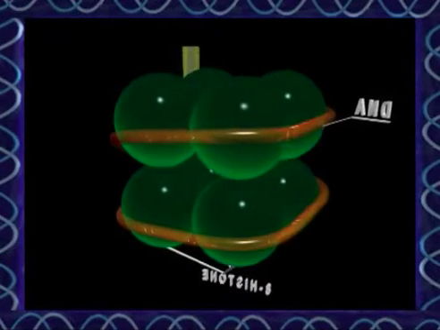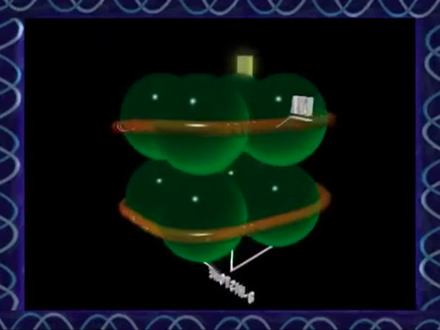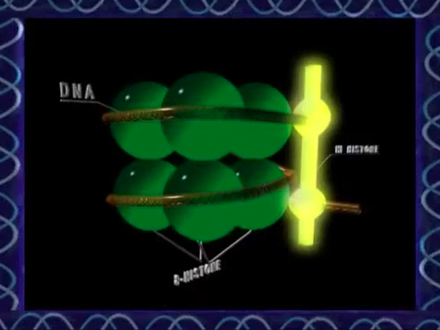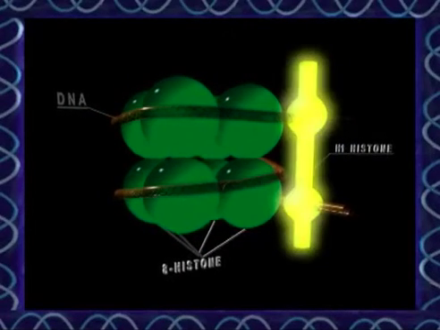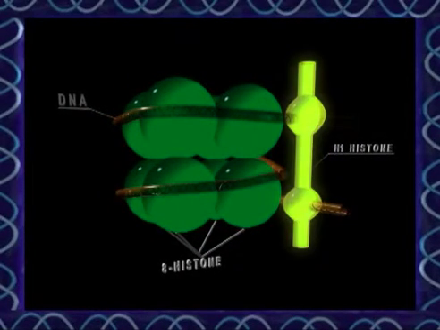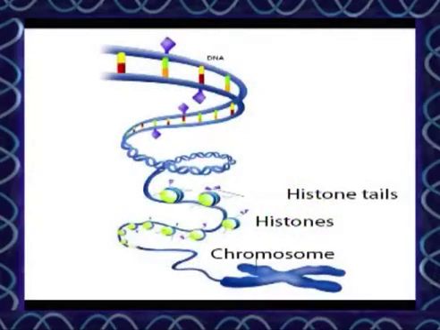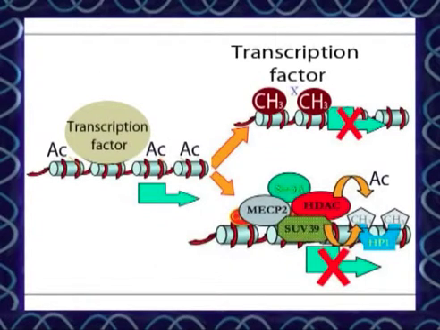Coiling of DNA around a histone octamer in the nucleosome is now recognized as a cornerstone of transcriptional control.